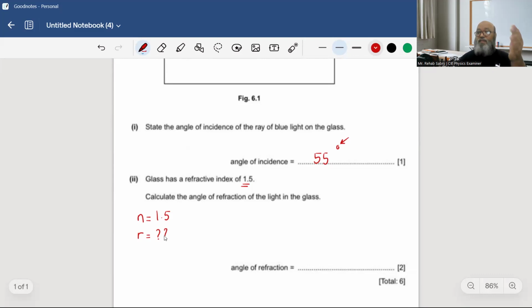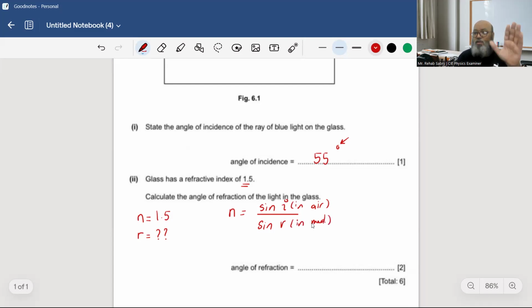The formula that we will use is n equals sine i divided by sine r, where the angle i is in air and the angle r is in the medium.